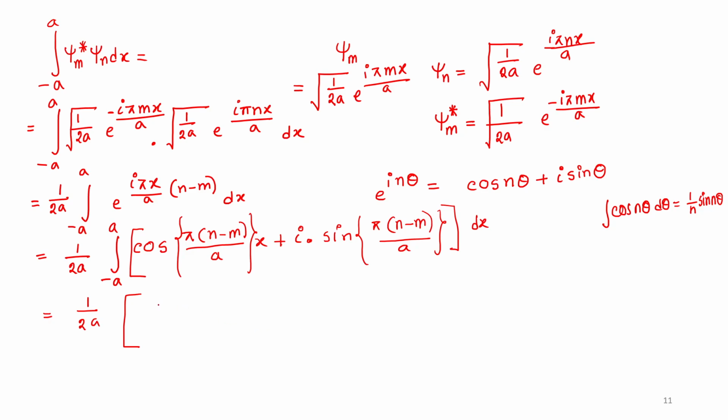So similarly, it would be a by pi (n minus m) times sine of (n minus m) pi x by a. Achha, x should have been inside this.